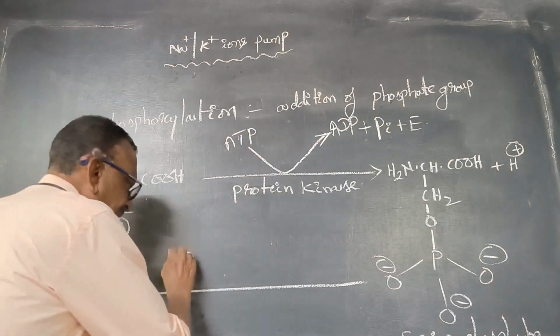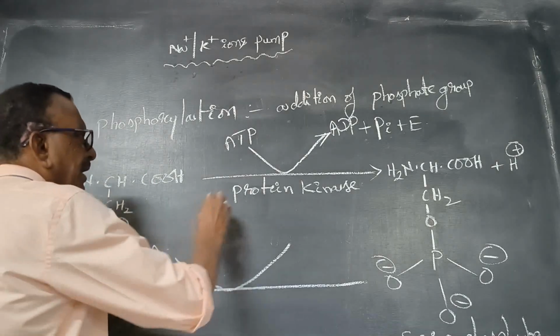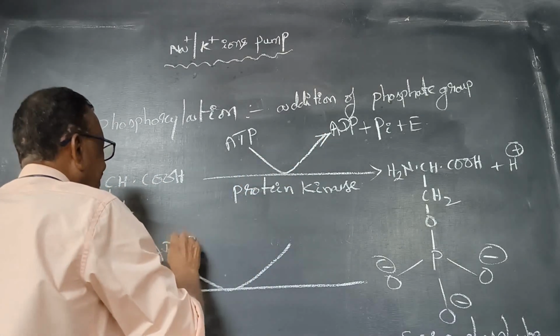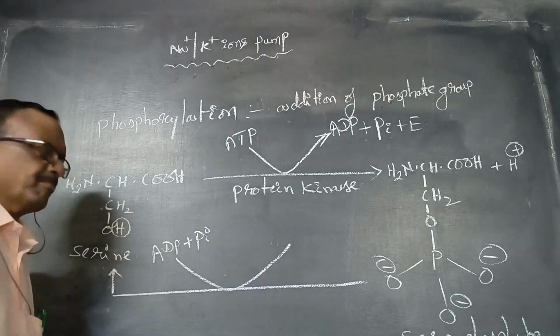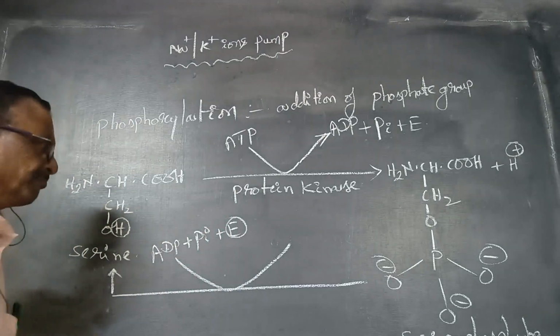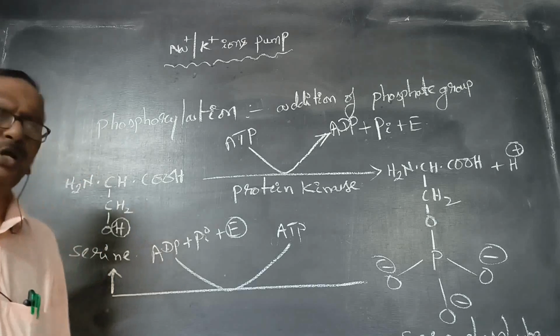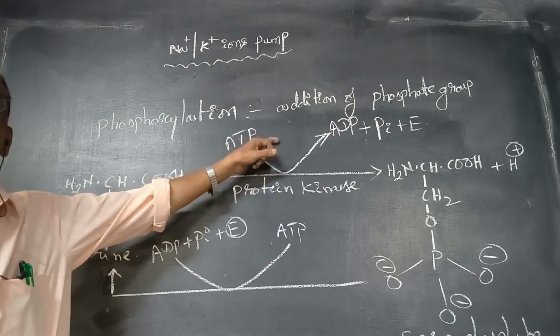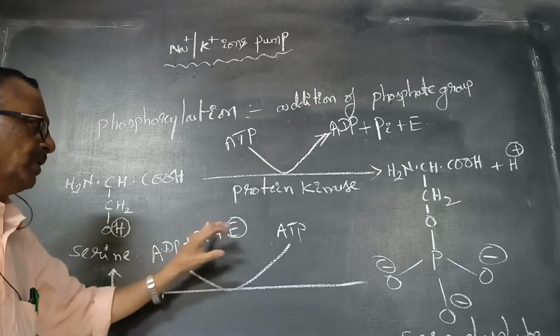That means generally this reaction we can write like this: ADP and phosphate group is once again coming, and if we add some amount of energy, then we can get once again ADP. So once the energy is utilized, it cannot be regained once again.